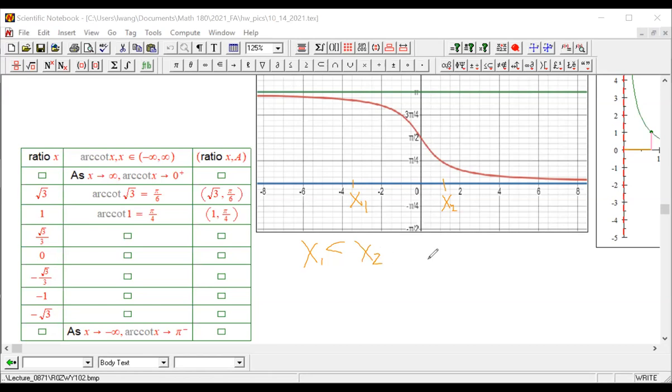The number on the right is larger than the number on the left. And what are their outputs? The output for x1 is this. The output for x2 is that. This is f of x1, and this piece is f of x2.